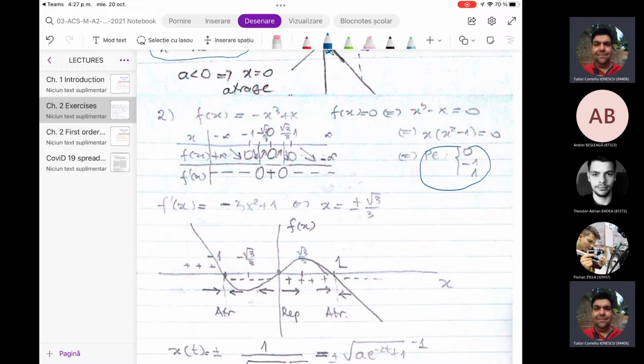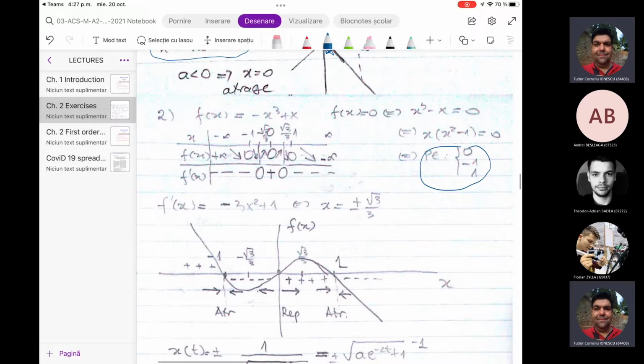Okay, and then you remember this from simple calculus about the derivative. It's decreasing between minus infinity and minus 1 over square root 3, then it's increasing, cutting the horizontal axis, up to 1 over square root 3, then decreasing to 0, and then again decreasing to minus infinity.